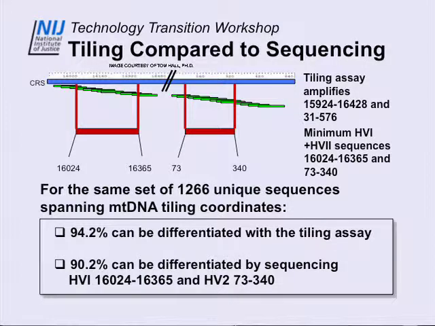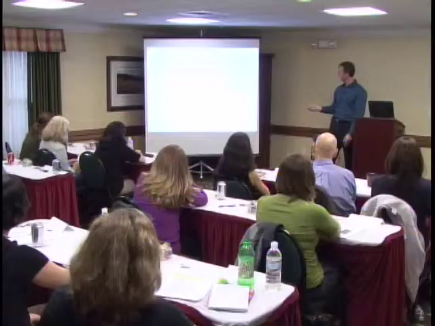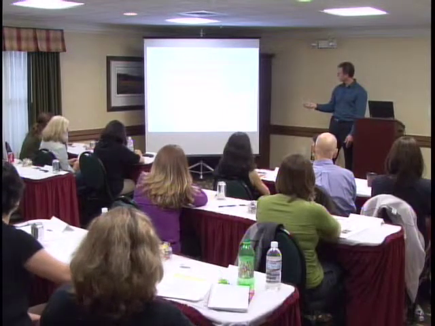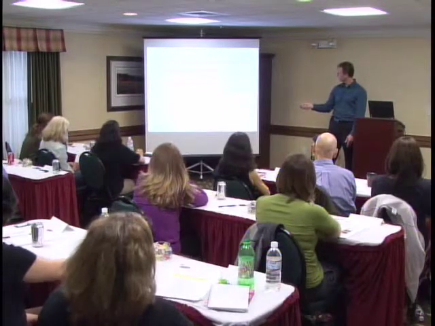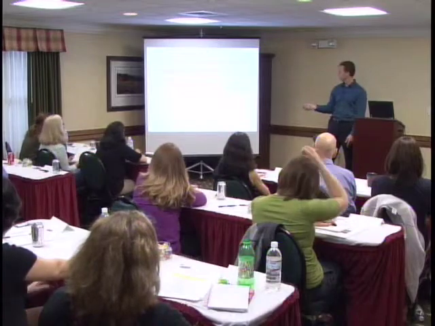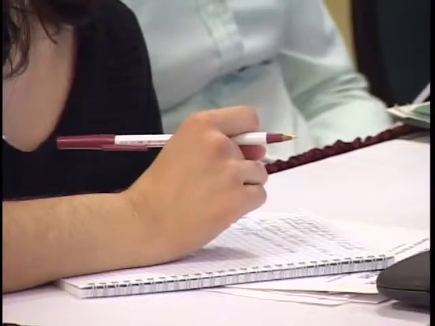Now, because we actually amplify a slightly larger region than the minimum, which isn't what you always sequence, the minimum to be called HV1 and HV2 is according to the guidelines for adding sequences to the population database used by, at least, the FBI population database, and a general agreement between people. The coordinates 16024 to 16365 in HV1 and 73 to 340 in HV2 are required for a forensics analysis.